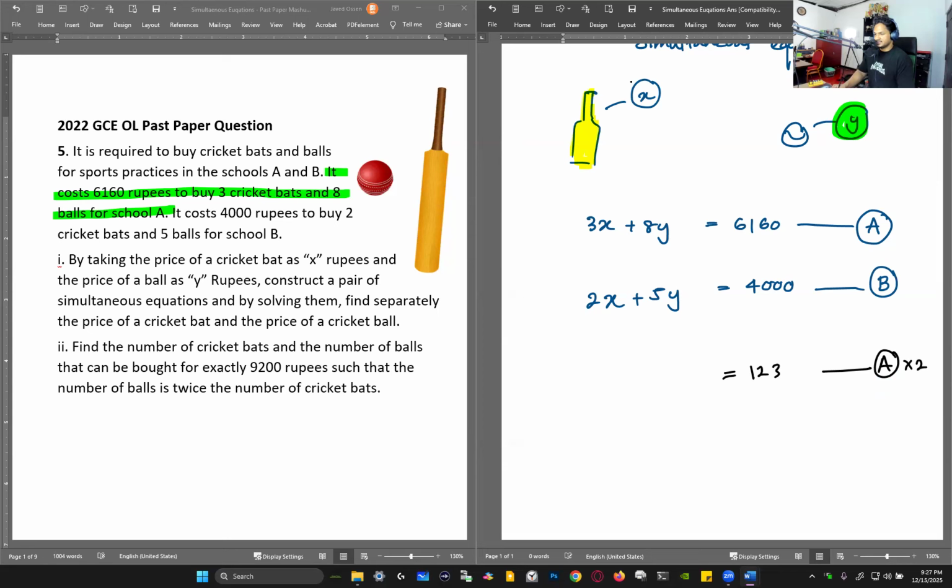12,320. Genius you are. 8y multiplied by 2 is 16y. Use this method in the exam, okay? I've seen some students, they write 3 multiplied by 2, 8 multiplied by 2.